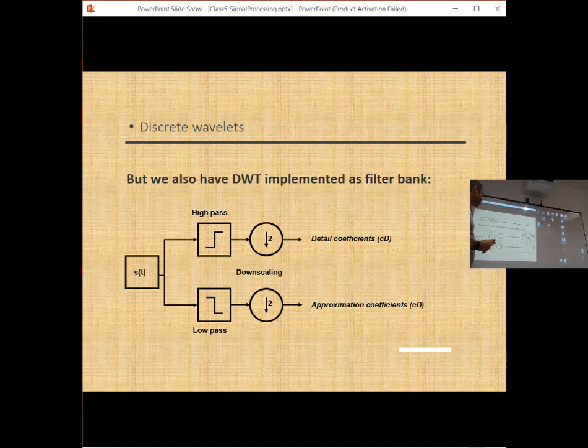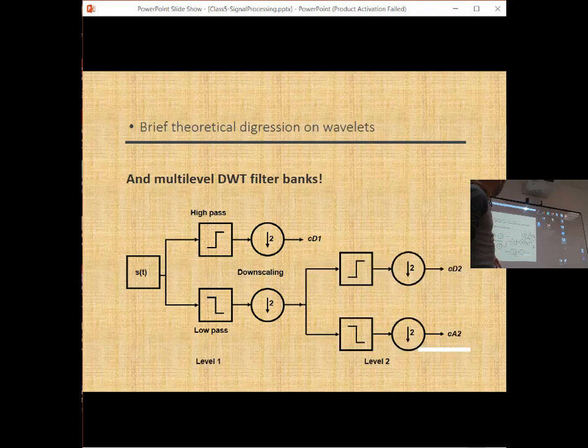This will give you what is called the detail and the approximation coefficients, and you can reiterate this process as I just showed you here, and you have a certain level of decomposition, one, first line, and then the second level of decomposition, you have the first one, and then you have another one, two, and so on, and you can move on this way. So you have different levels. So this would be level 1, level 2, and then you redecompose, and the more you go here, the more refined the coefficients are in frequency, and the more you go in that direction, the more it's going to be low frequency type.